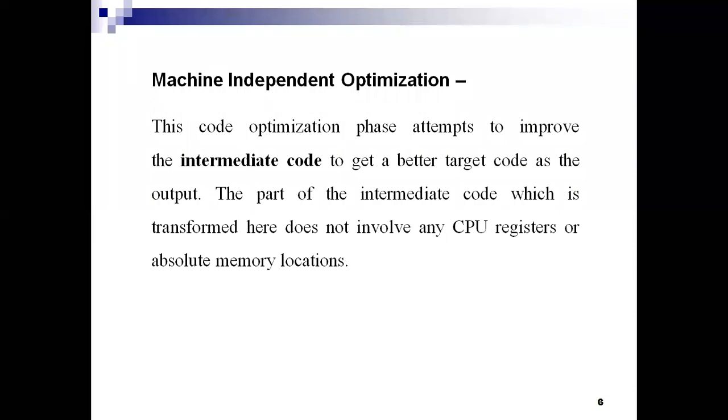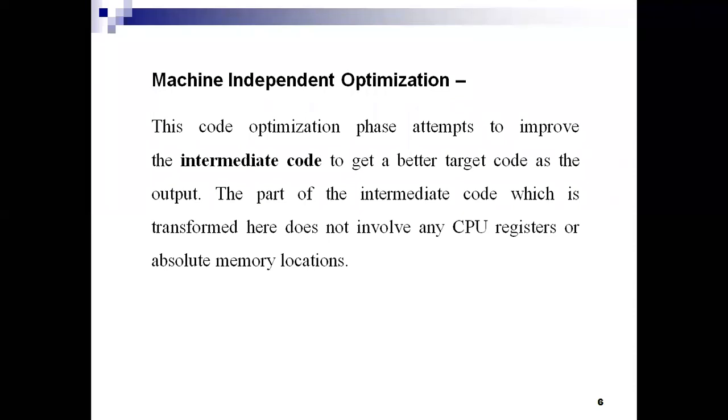A detailed explanation of this machine independent optimization is when we achieve the following things. We can say that it is a machine independent optimization if it consists of these. Point number one, note down.